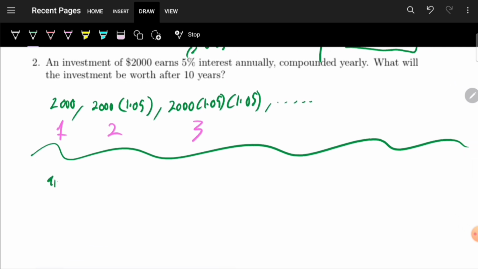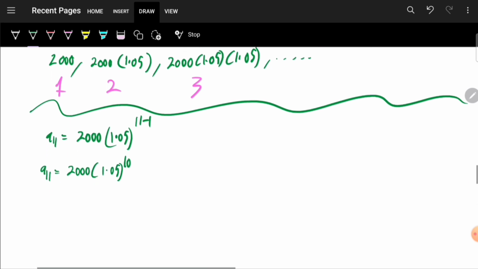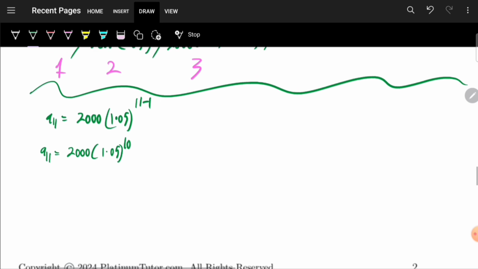So A11 is equal to the first term times the common ratio of 1.05 to the power of 11 minus 1. So A11 is equal to 2,000 times 1.05 to the power of 10. Let's see what this comes out to.